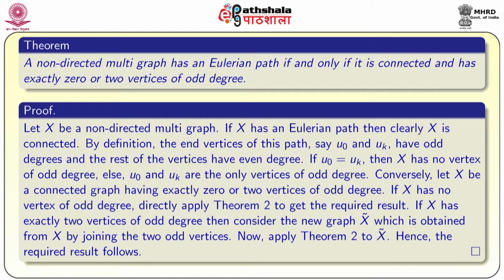If X has exactly 2 vertices of odd degree, then consider the new graph X', which is obtained from X by joining the 2 odd vertices. Now, again we apply the theorem to X', hence we will get the required result. So, we proved that a multigraph has an Eulerian path if and only if it has exactly 0 or 2 vertices of odd degree.